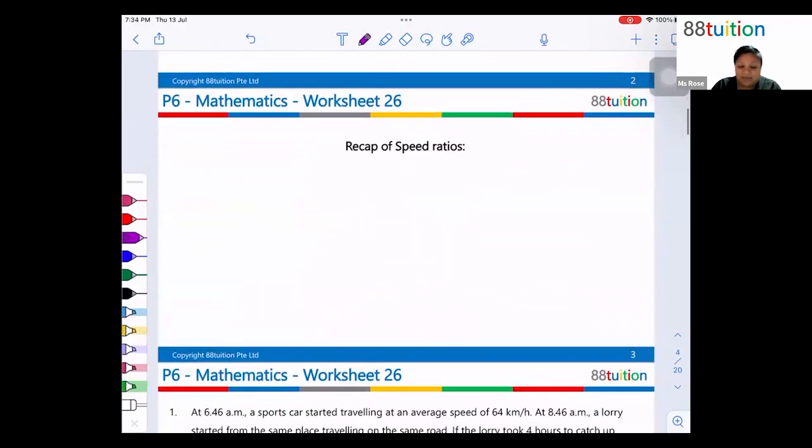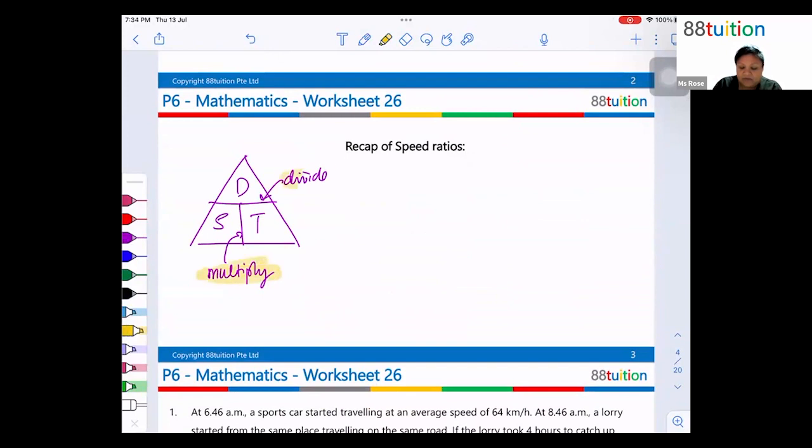Just a quick recap. We have the speed ratio, the speed formula triangle, whereby this is your divide and this will be multiply. So you have two of these.